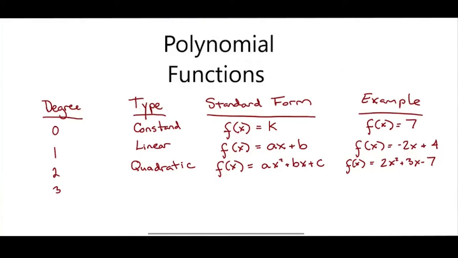When the degree is 3, we call that cubic. And the standard form for that is f of x equals ax to the third power plus bx squared plus cx plus d.